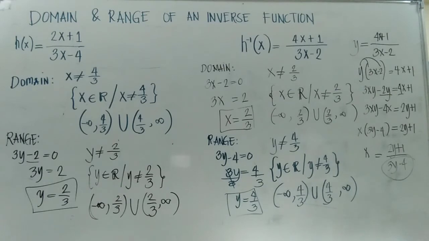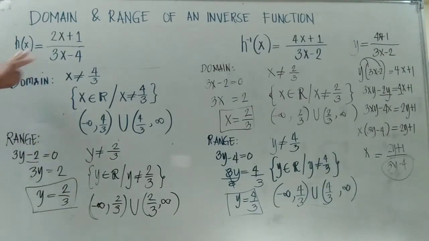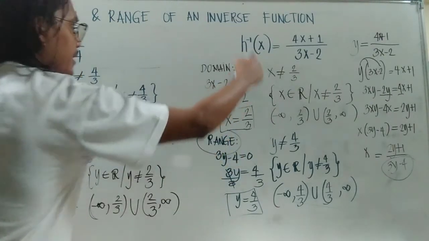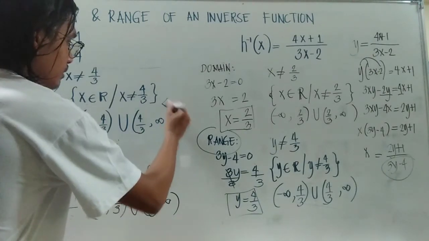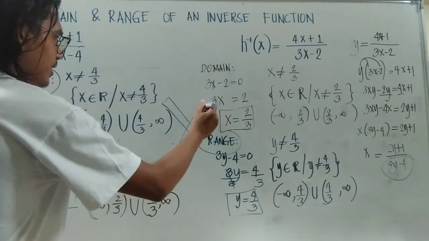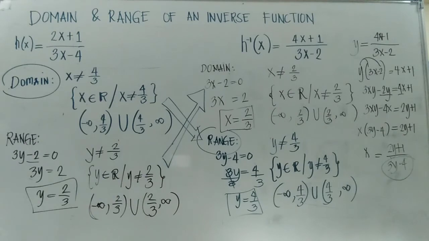So if you can see, comparing the domain and range of the function and its inverse, the domain of h is the range of its inverse. Again, the domain and range of a function and its inverse are interchanged.